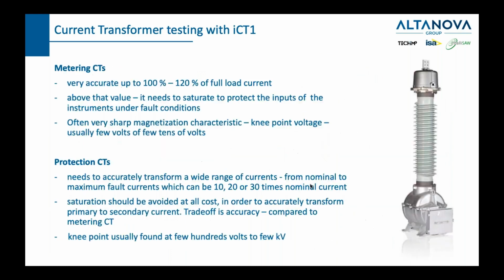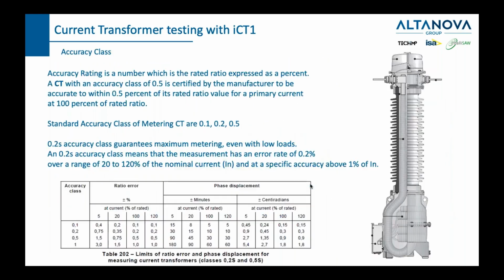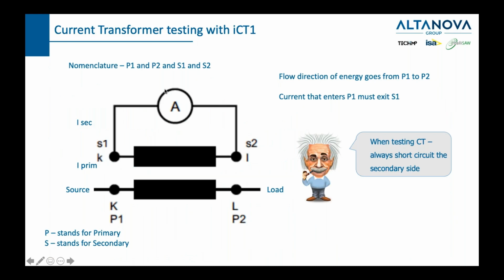So in order to keep the CT safe, always short circuit the secondary side, and you always actually do that when you do a standard ratio test, for example, because if you connect the ammeter on the secondary side, you short circuit your secondary side.